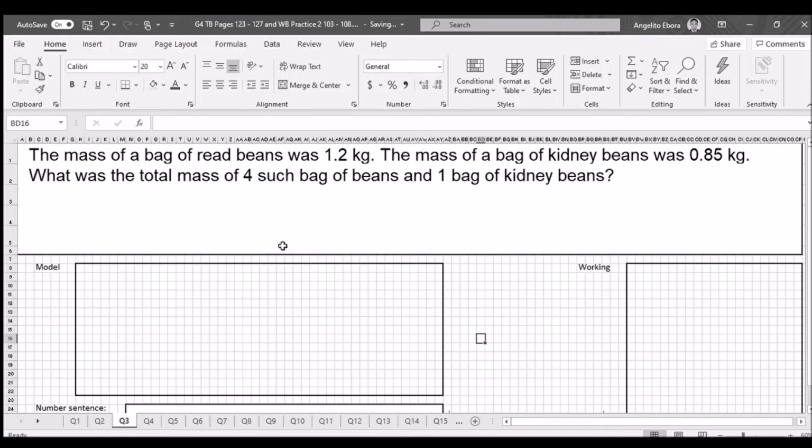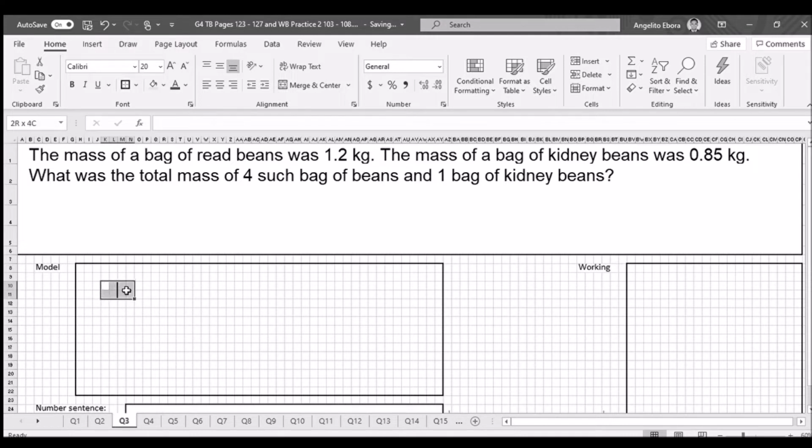Okay, so again, two-step. We know that one bag is 1.2 kilograms and one bag of kidney beans is 0.85. Now, there are 4 such bags of red beans. So let's say that this one is your bag of red beans. So again, that's 1.2 kilograms.